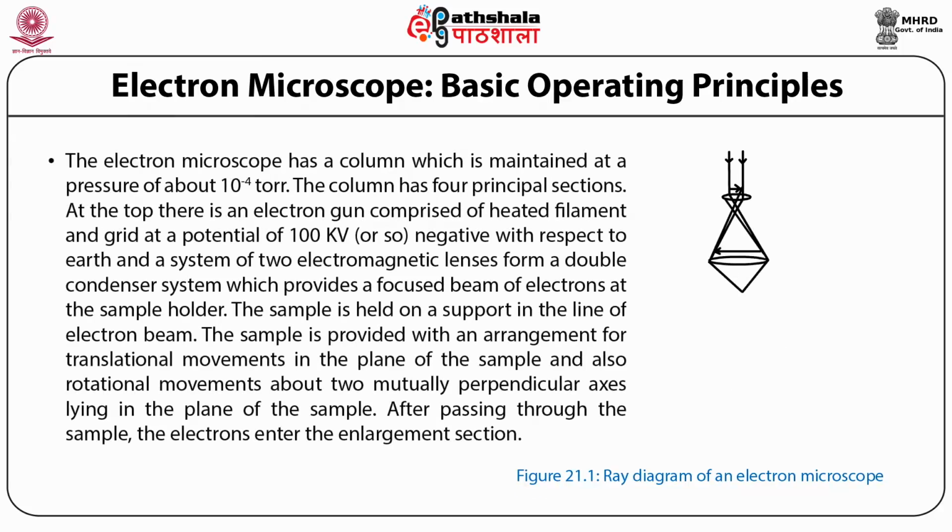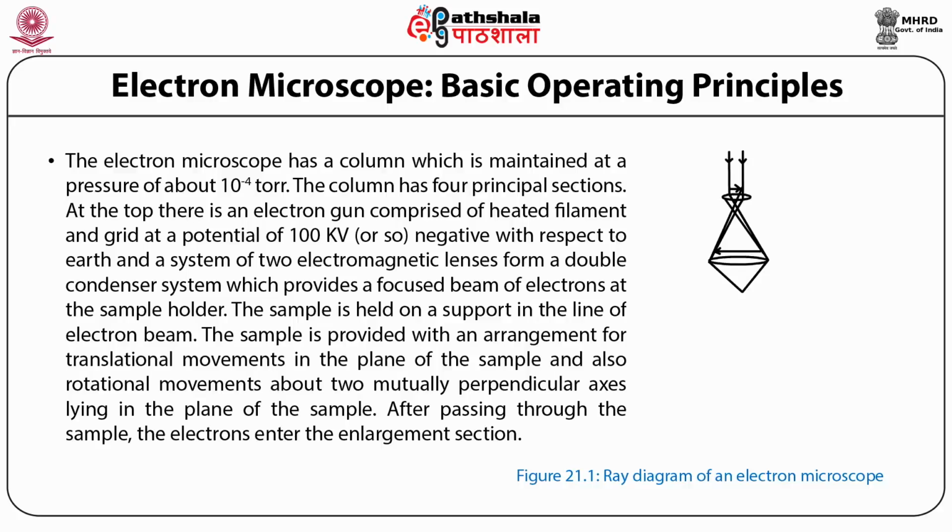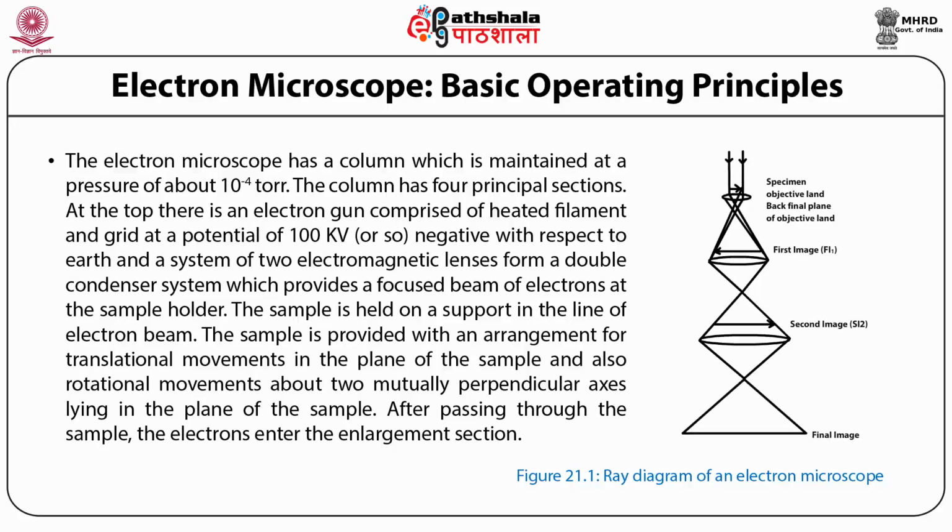The electron microscope has a column which is maintained at a pressure of about 10 raised to power minus 4 torr. The column has four principal sections.